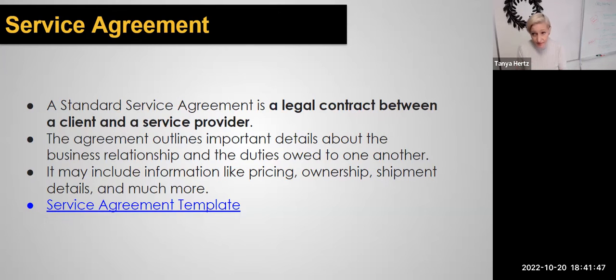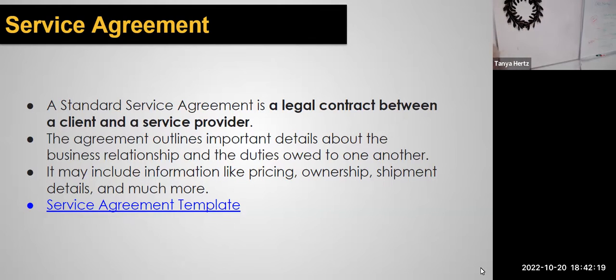Typically, the person providing the food services are the food service providers, and the agreement outlines important details about this arrangement, about the relationship, the duties that are owed to one another, including duties for payment, duties for services rendered, what they look like, when they're performed, when they're due, etc. And they typically include a lot of information about timing, pricing, ownership, payment details, so much more, shipment if it's included.